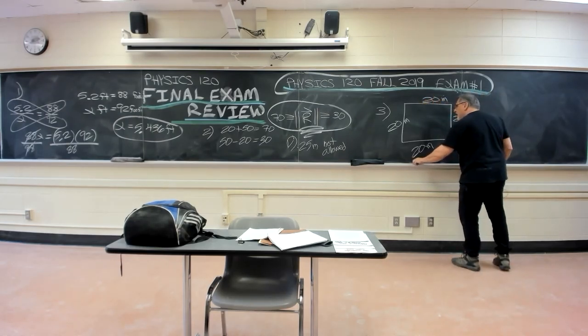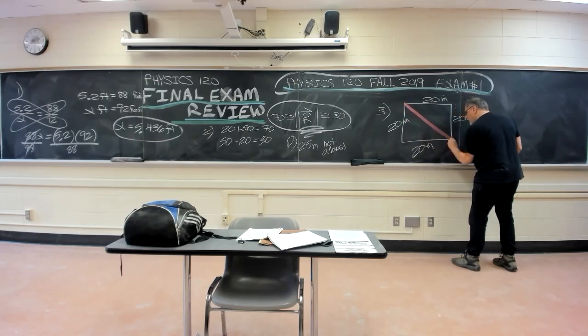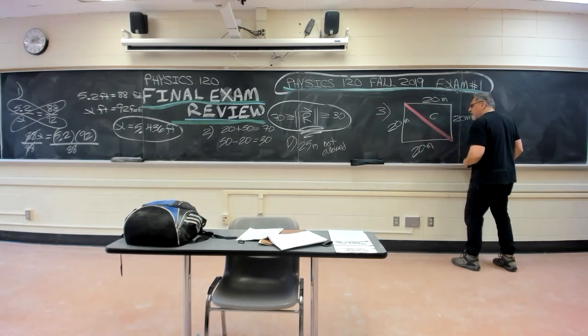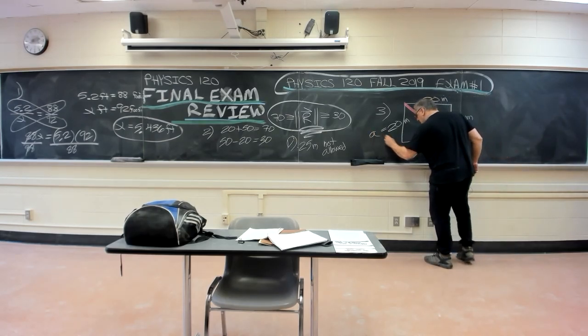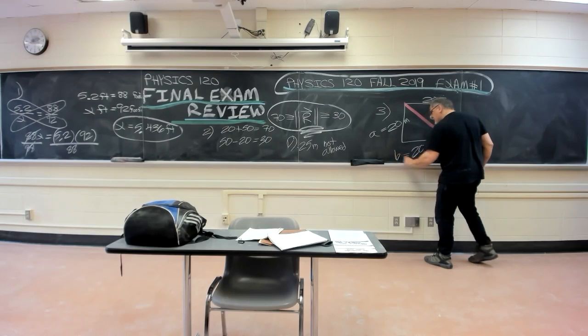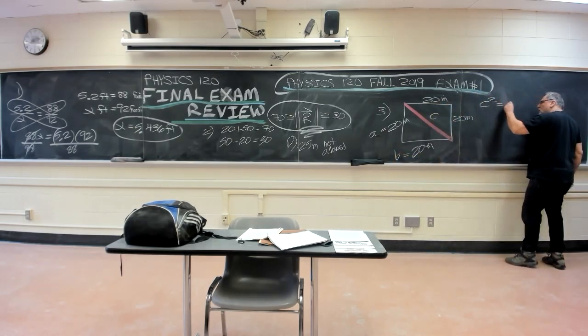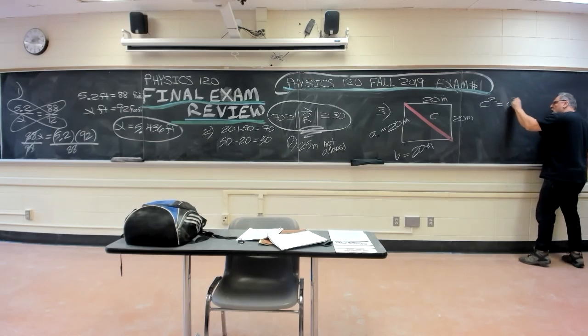If I wanted to find this length right here, that is the hypotenuse. This is A, this is B. C squared equals A squared plus B squared.